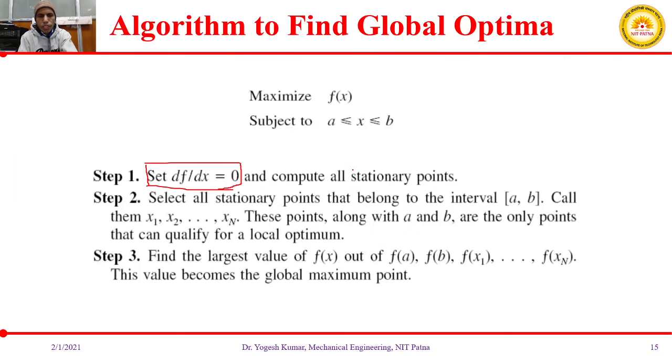Okay, so one thing is important. If there is no doubt, still I would like to repeat something which is very important. As soon as we compute the first derivative equal to 0, we get n number of stationary points. Out of these stationary points, you will select only those which are lying in the interval a and b.